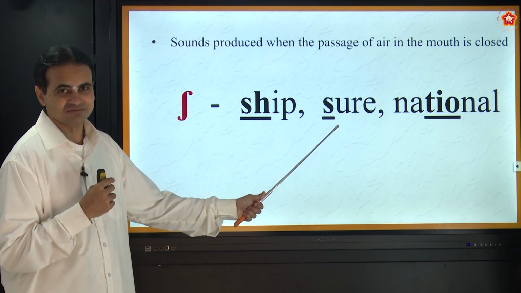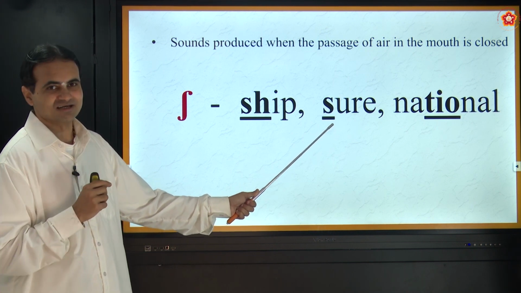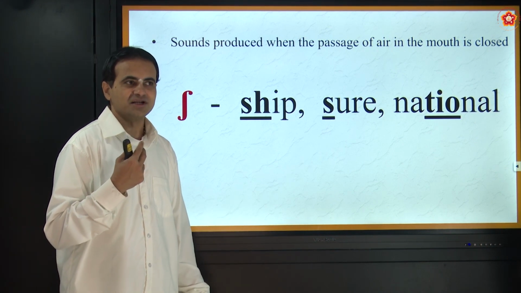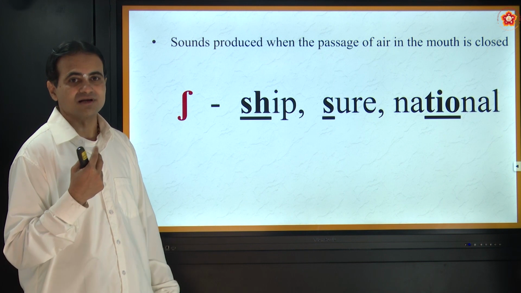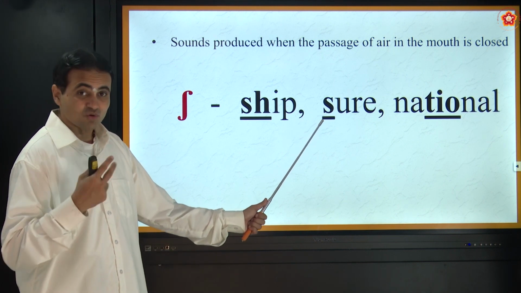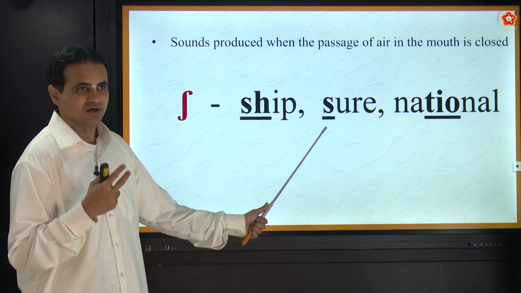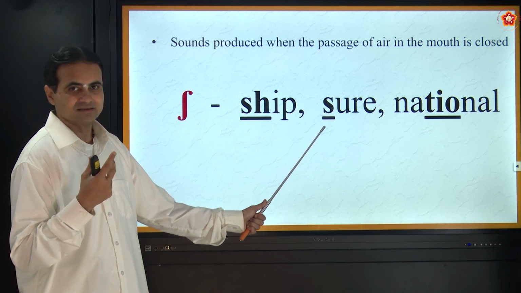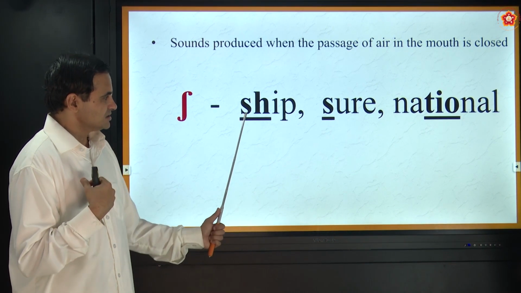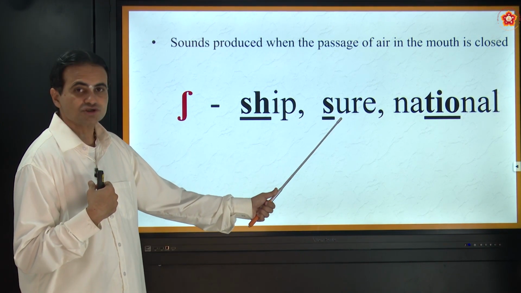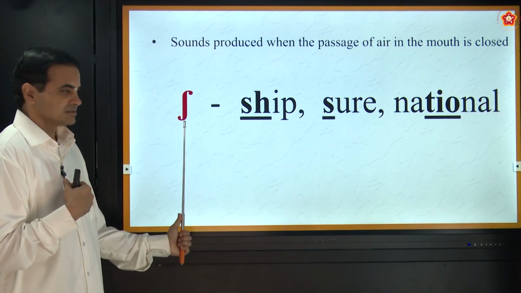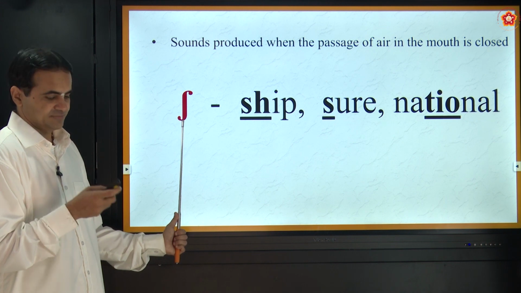So a lot of confusion may come because of this pronunciation. In general, these errors sometimes creep in because of the regional accent, for those aspirants who have not learnt all the sounds of English phonetics. So this is ship, sure, national, sh.